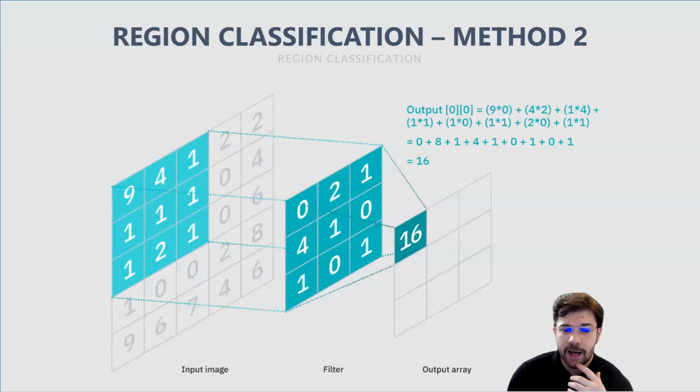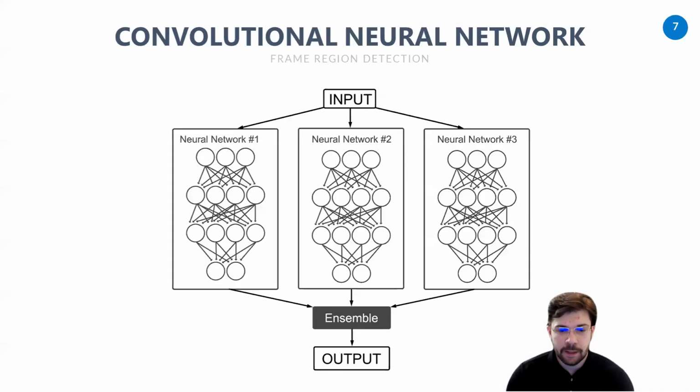So here you can see how the second method would work. I would apply a kernel to simplify the processing, and the convolutional neural network will learn all of these different values so that it will be able to specifically differentiate between one type of contour and another type of contour.